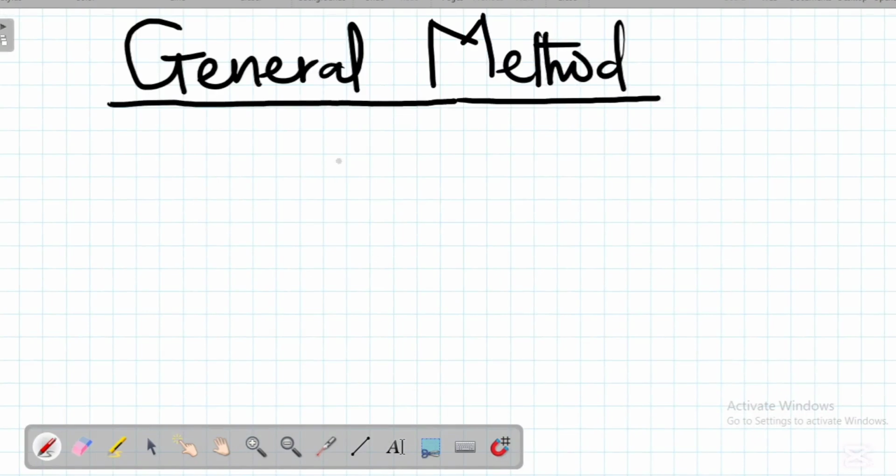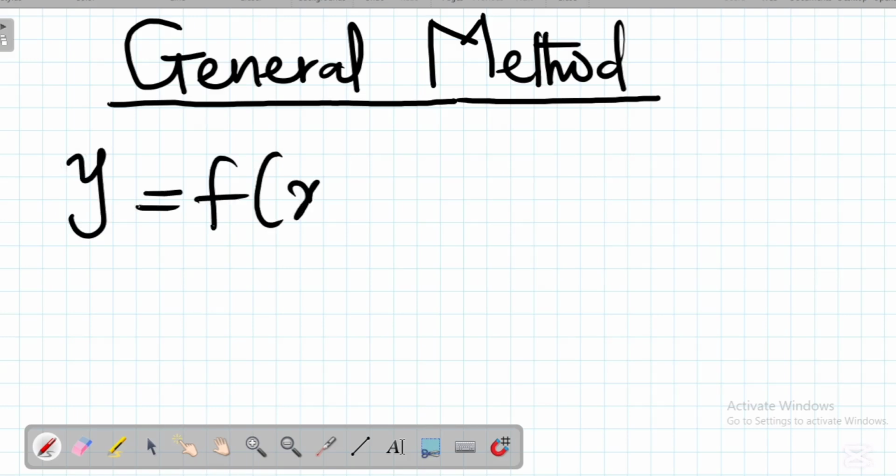In this class, we are going to be considering the general method. Let's say y is expressed as a function of x and y equals x raised to power n.